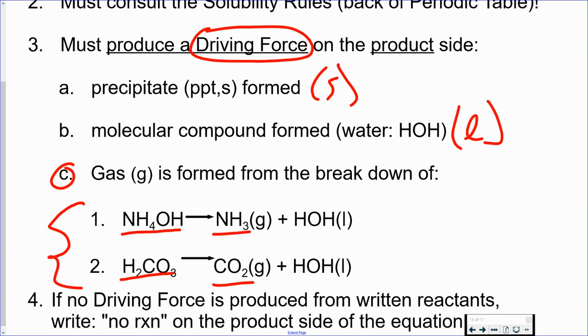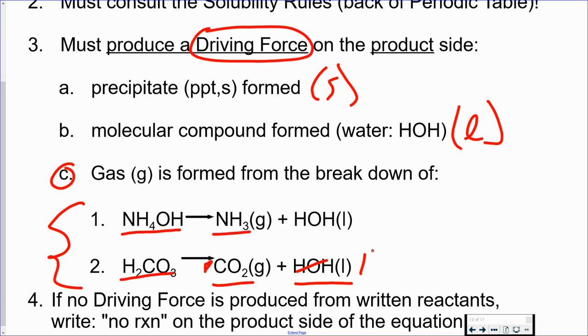You all have seen it in a carbonated beverage like pop. And as soon as you pour your pop, or as soon as you open your pop, the CO2 gas is trying to get away, which then leaves just water behind, which then gives you that taste of a flat pop. It tastes watered down and things like that because it's flat. So these break down as soon as they form, and they will always form the gas and then water.